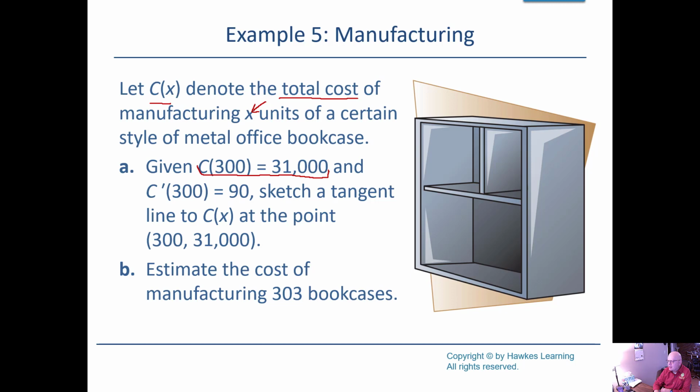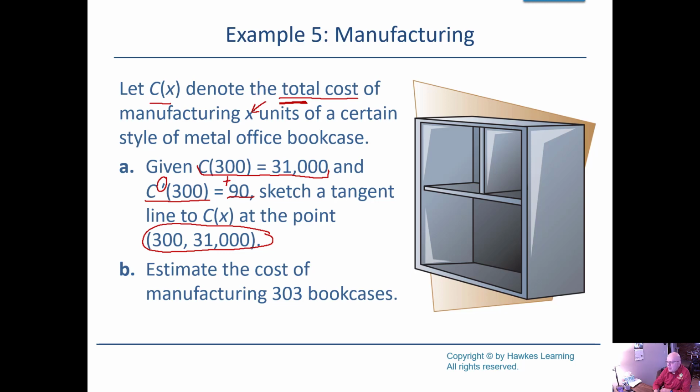Because at that point the slope is 90, notice it's positive, so the total cost is going up by 90. Not for that one bookcase, but for the next bookcase. Sketch a tangent line to it at 300, 31,000. This is what we had at first.